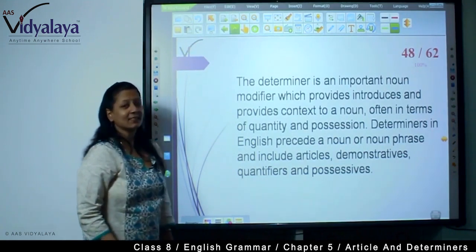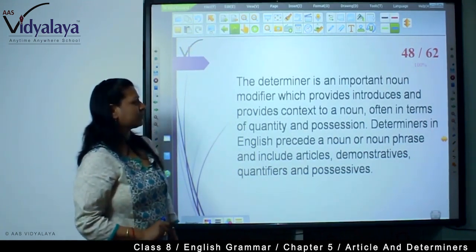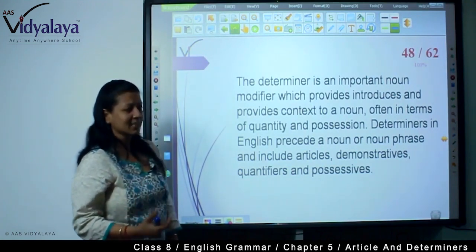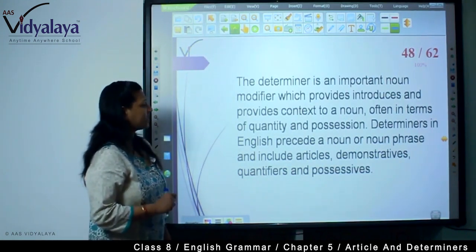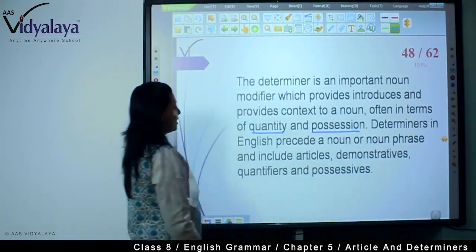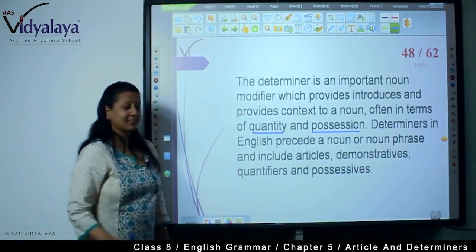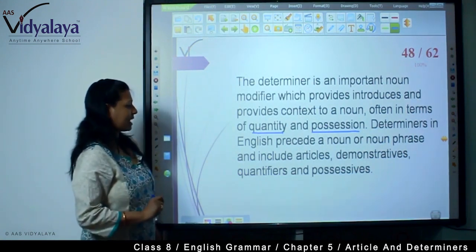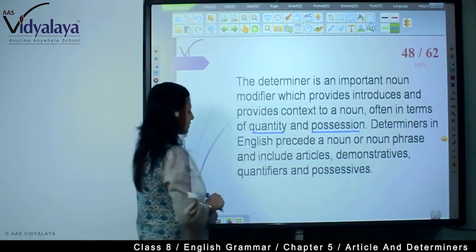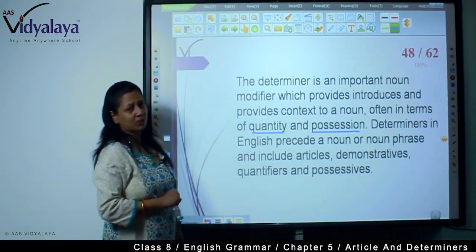Now, the determiner is an important noun modifier which introduces and provides context to a noun, often in terms of quantity and possession. Determiners in English precede a noun or noun phrase and include articles, demonstratives, quantifiers and possessives.